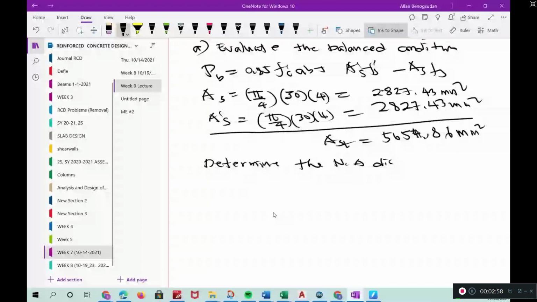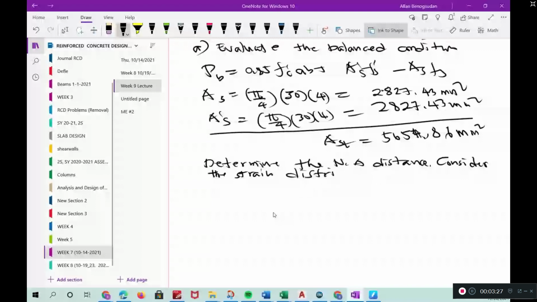So when you do this, that is the reason why I cannot understand when you solve this problem. You do not have any drawings, I would say. So I will say consider the strain distribution.